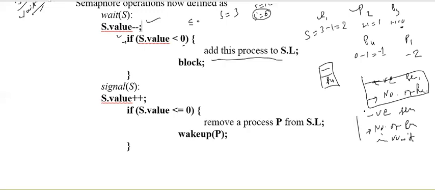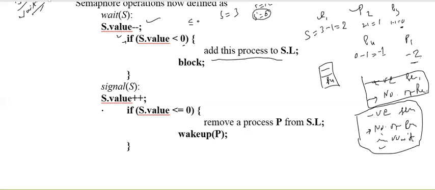Negative reflects a purely different thing. Positive value of semaphore here represents the number of resources available. Negative value represents the number of processes in the waiting queue. So here we had P4 and P5. Why? Because minus 2 tells that two processes are in the waiting zone.